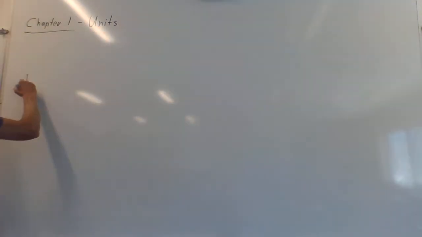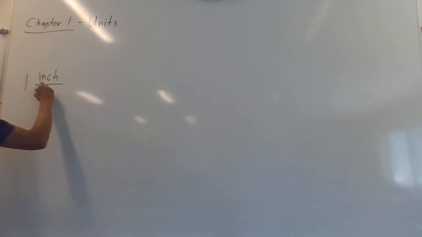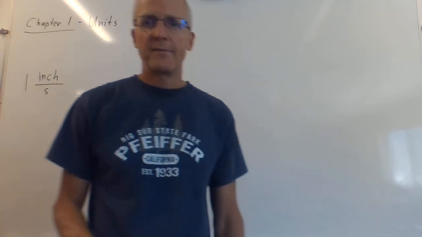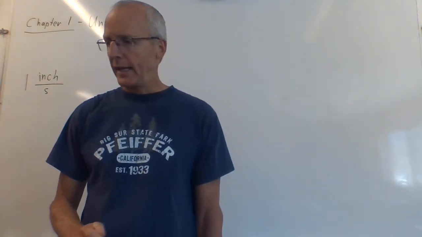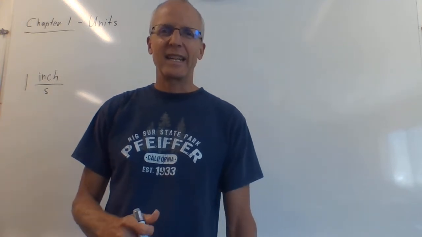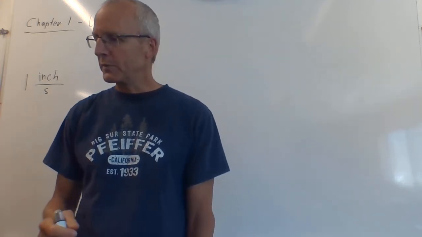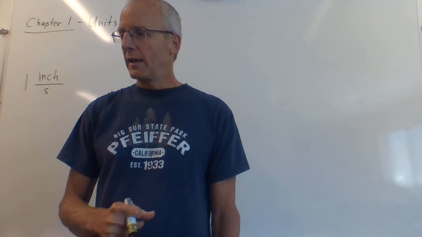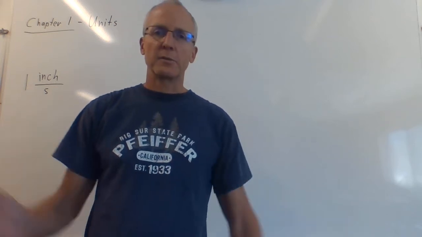Let's say you want to know, if you are going 1 inch per second, and I'll always write seconds with an S, and instead of writing SEC because it's easier, an inch, you probably could do IN, whatever. 1 inch per second. So how many, let's say, kilometers per hour is that?